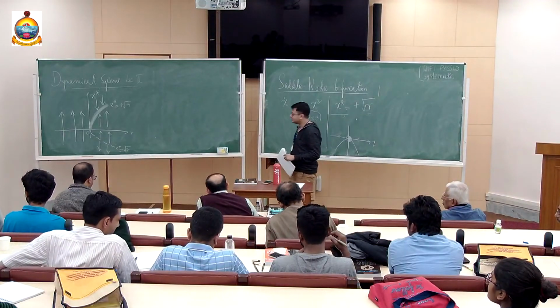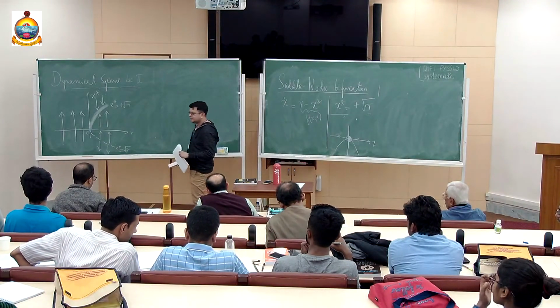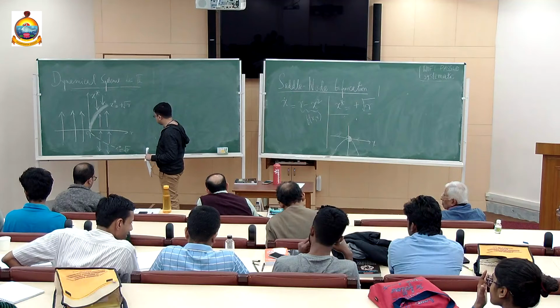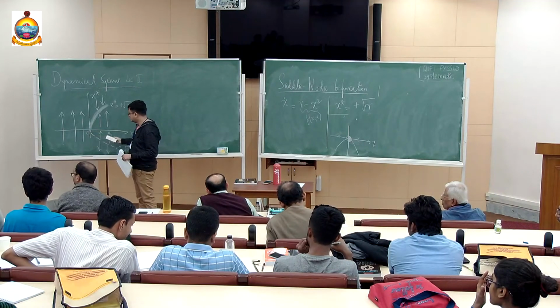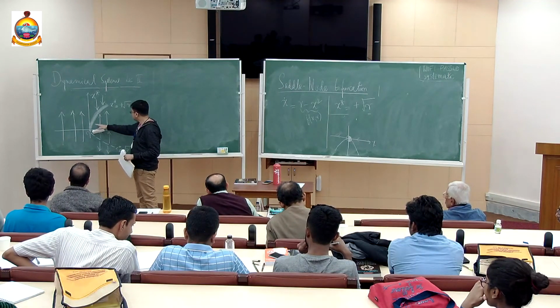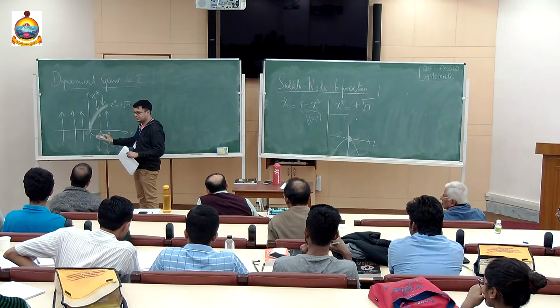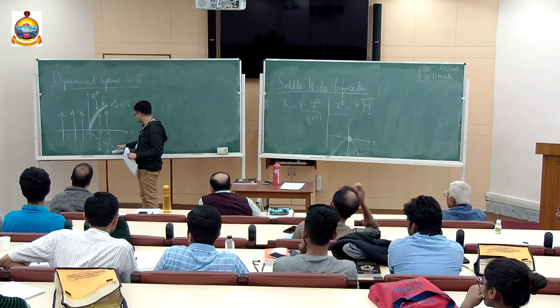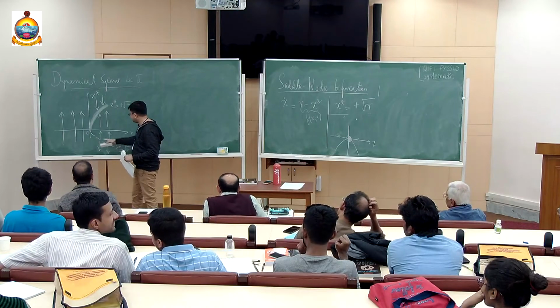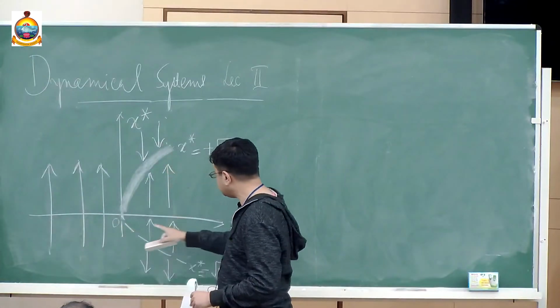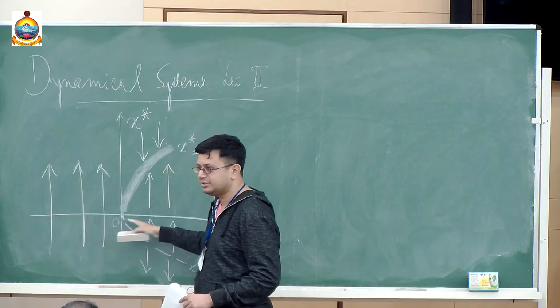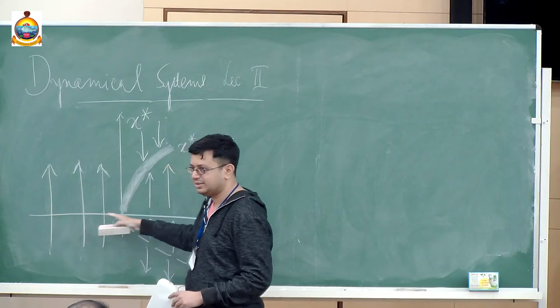Technically correct if I draw a graph for both the positive and negative values of r. For positive, if r is positive, that is the real axis, x star. Everything is real. But for negative value of r, x is imaginary. So there is no x star here.